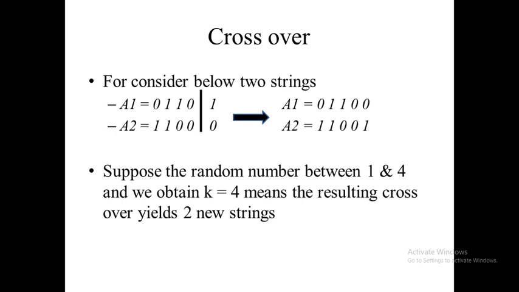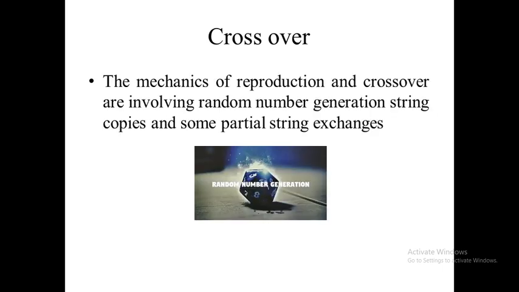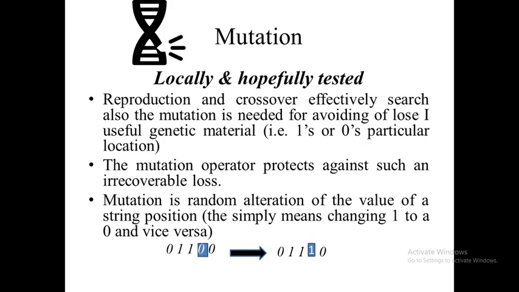From that, I get A1 equal to 0 1 1 0 0, and A2 equal to 1 1 0 0 1. Likewise, I get the new strings after crossover. Each step is known as crossover. So the crossover and the reproduction always follow random number generation.